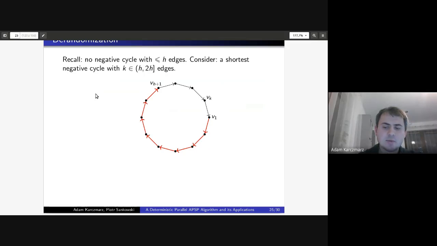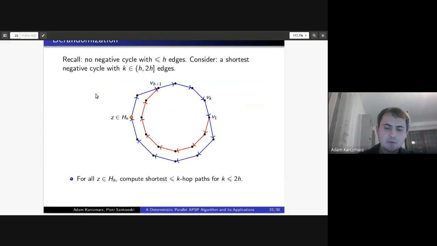It has to be an H hop minimal path, as otherwise we could replace it with a path with not larger weight but smaller number of hops, and it would give us a shorter negative cycle, which we assumed does not exist. And again, since we hit all the minimal H hop paths, some alternative H hop segment of the same weight has to go through a vertex of the H hop set. This is the vertex. So now this blue cycle is also a shortest negative cycle.